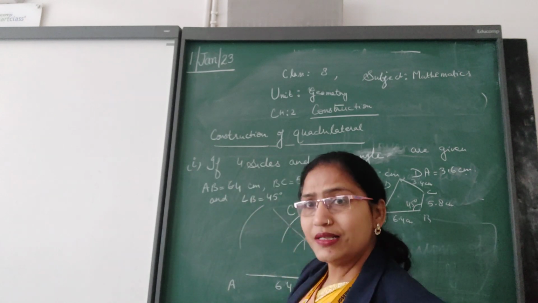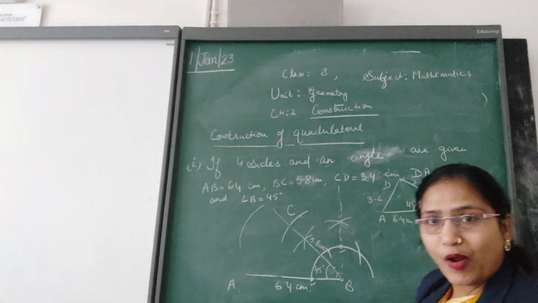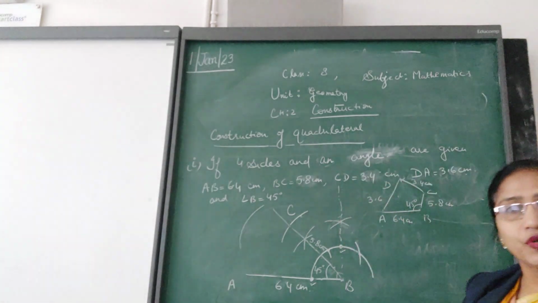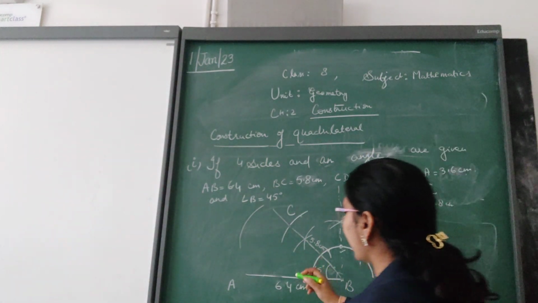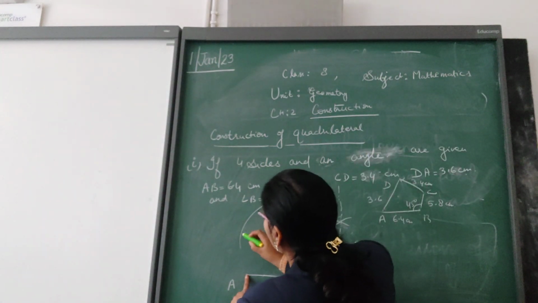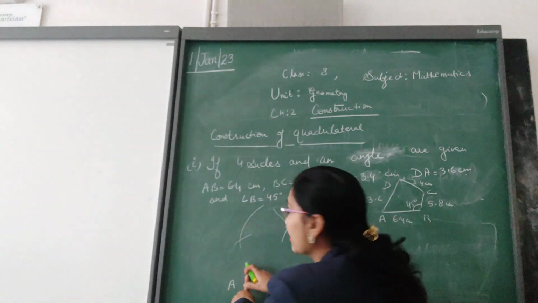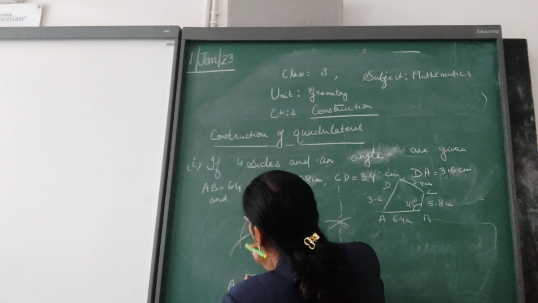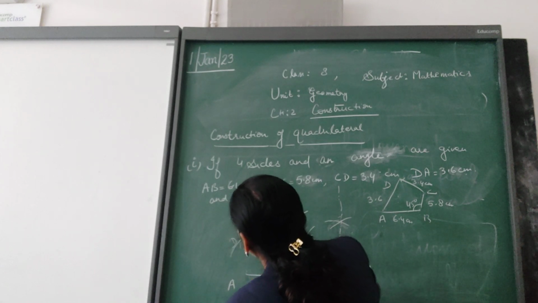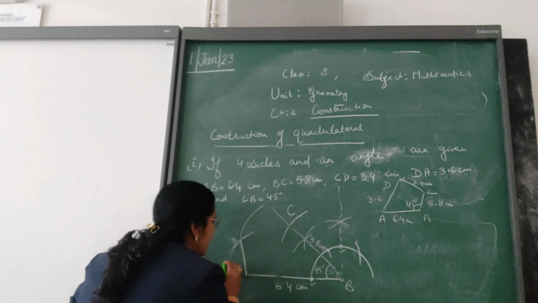Now, afterwards, length AD is given 3.6. So, what we have to do is take A as a center and draw the 3.6 centimeter arc. If you draw the 3.6 centimeter arc, so the length AD is 3.6.